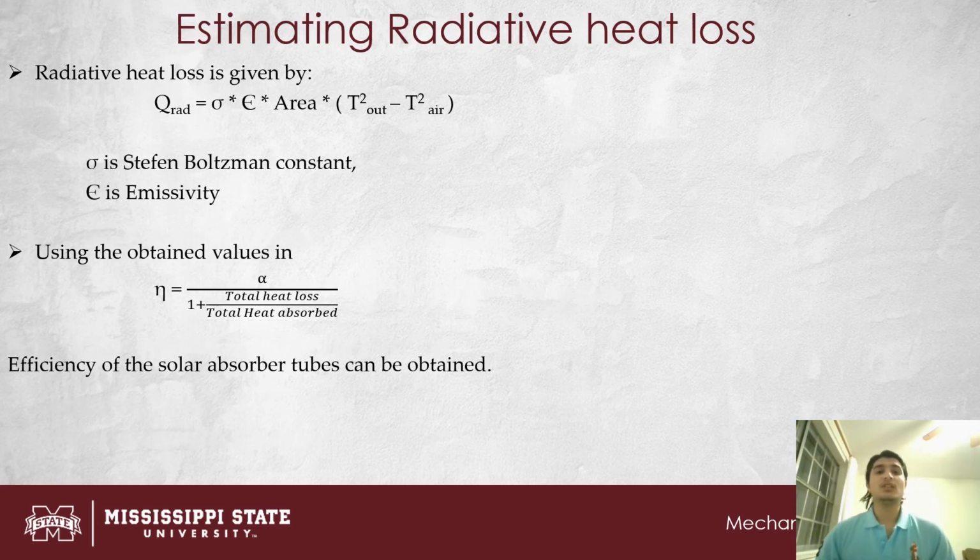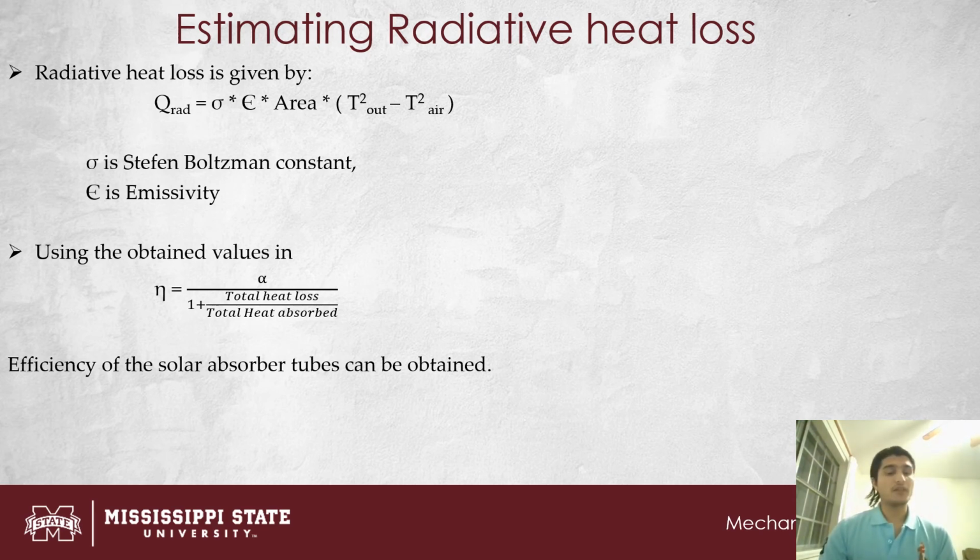Okay, so estimating radiative heat loss. After finding heat loss by convection, it's necessary to find heat loss by radiation, and heat loss by radiation can be found by the simple formula of radiation, which is this one over here.